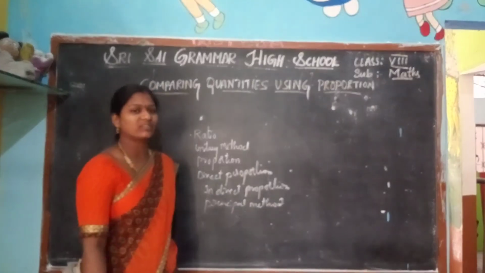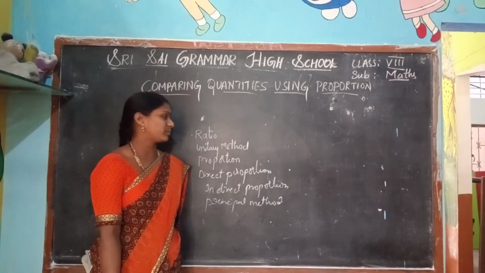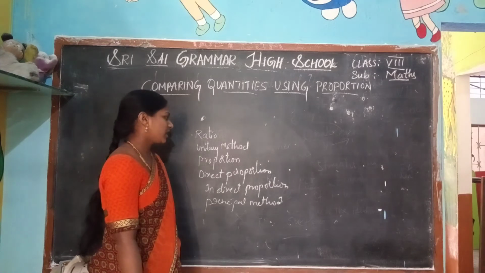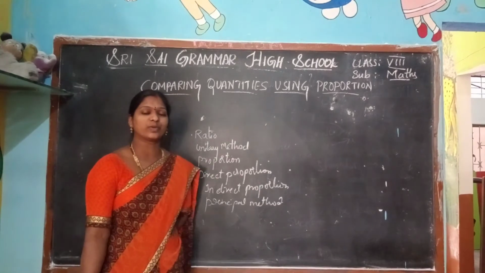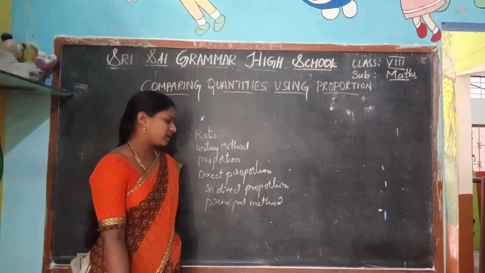Already we have learned in 7th class. You are familiar with 7th class. These were ratios, unitary method, proportion, direct proportion, indirect proportion, and also the principal method.